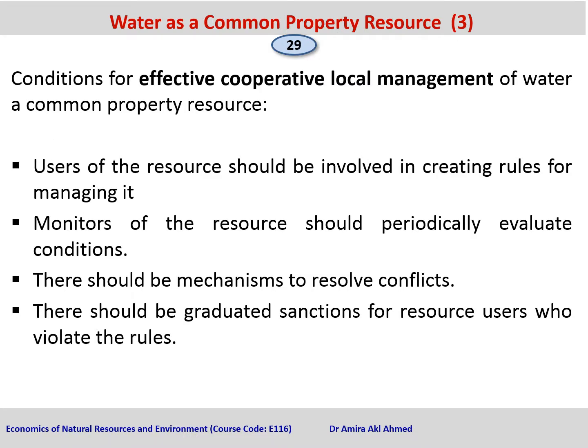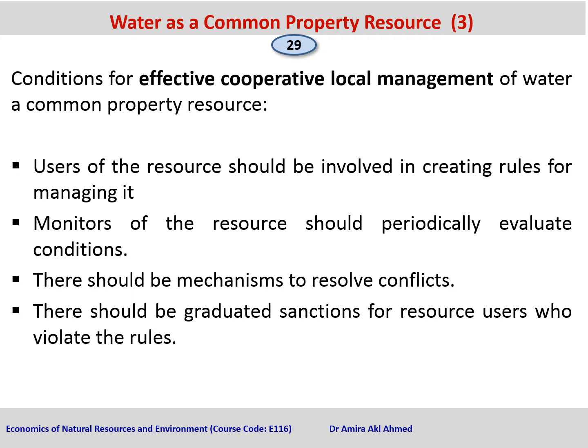We can identify the conditions under which cooperative local management of water as a common property resource can be effective. These conditions could be listed as follows. First, most users of a resource should be involved in creating rules for managing the resource. Second, there should be monitors of the resource.